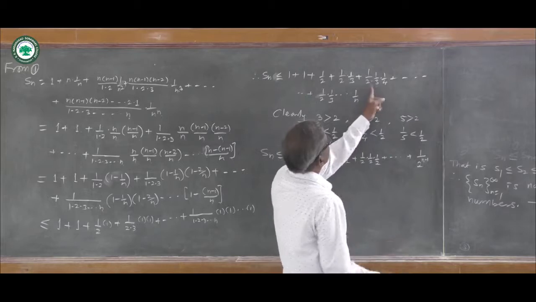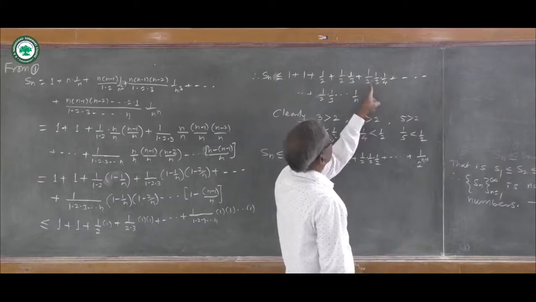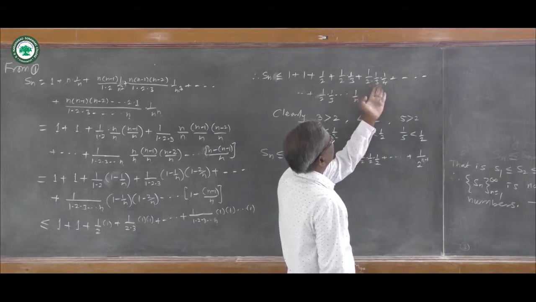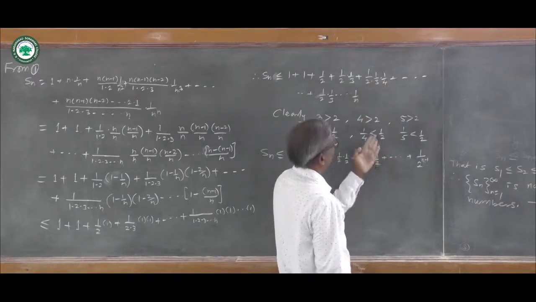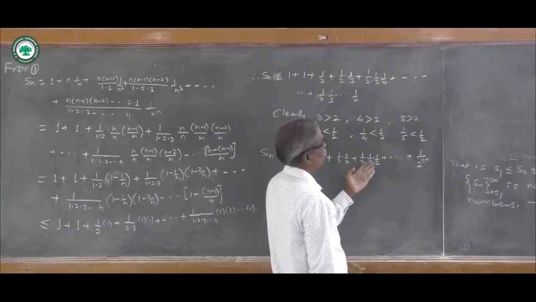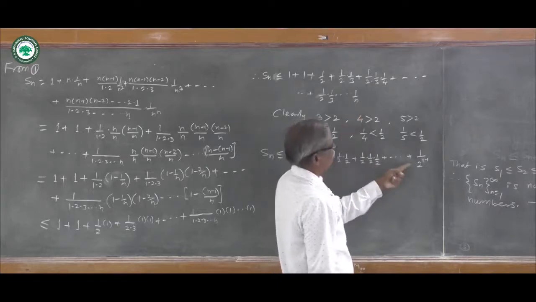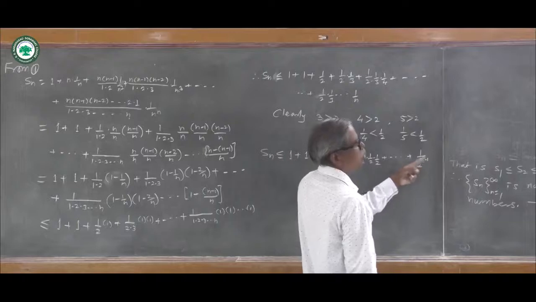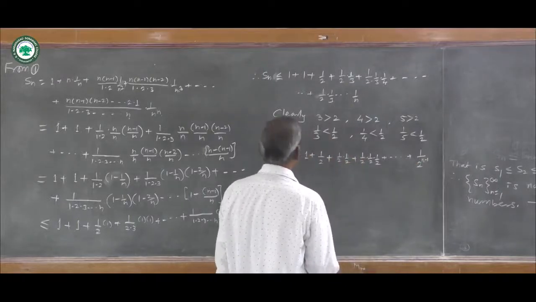For example, 4 factorial is 1 into 2 into 3 into 4, which has 3 factors after the first, so 2 raised to 4 minus 1. Here it is n factorial, therefore 2 to the power n minus 1.